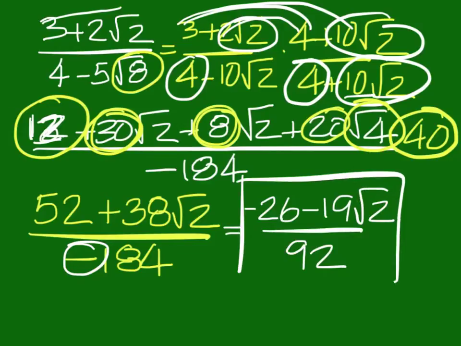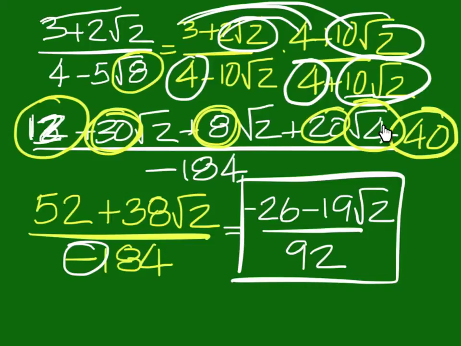92. As a quick review, we simplified the square root of 8 to 2 square root of 2 and multiplied it by 5 to get this. We then did our multiplication on top and on the bottom to come up with 12 plus 30 square root of 2 plus 8 square root of 2 plus 20 square root of 4.